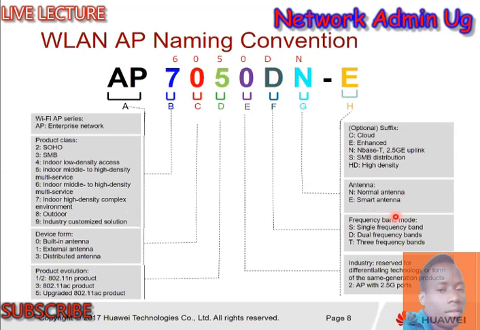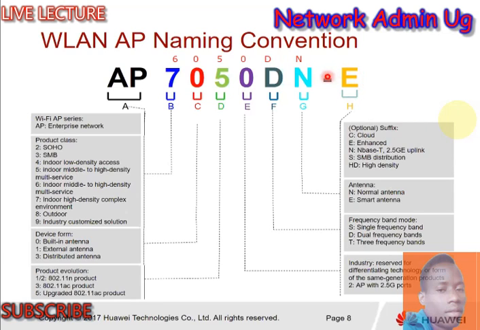The N will signify whether you have the gigabit ports in uplink form or you do not have them in uplink form.